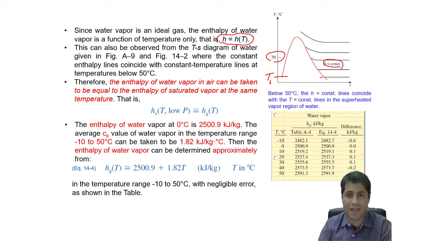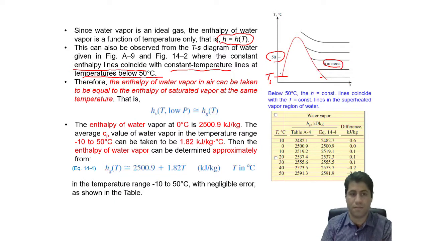So we can say that for temperatures below 50 degrees Celsius, the constant temperature lines coincide with the constant enthalpy lines. What is mentioned here is that the constant enthalpy lines coincide with constant temperature lines at temperatures below 50 degrees Celsius.